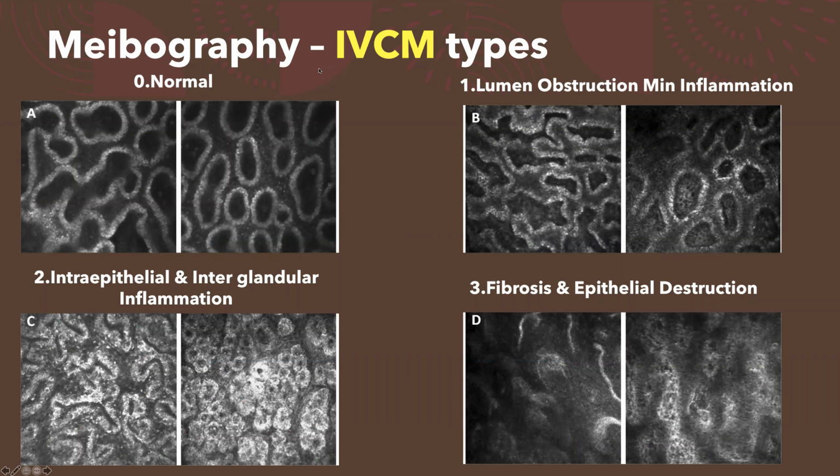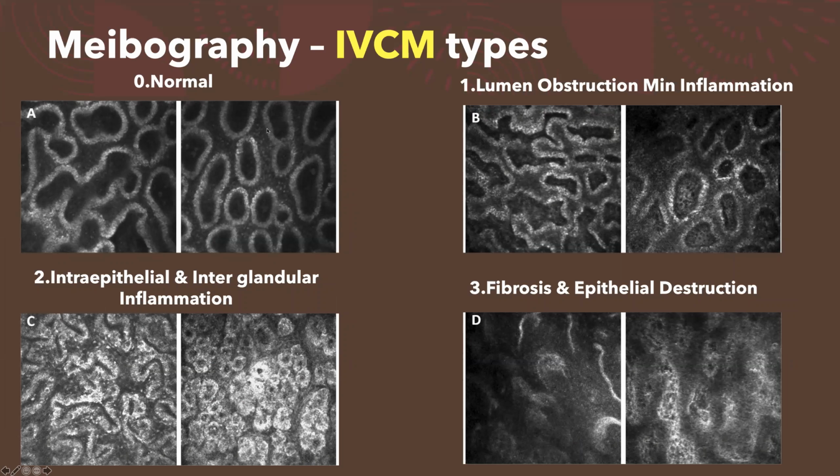If you have access to in vivo confocal microscopy, which is very expensive, you can actually look at the lumen of these glands. If you see in this picture, this is a normal picture where the lumen is quite good. There are no obstructions here. But in picture B, it is called type 1, in which there is lumen obstruction with minimal inflammation.